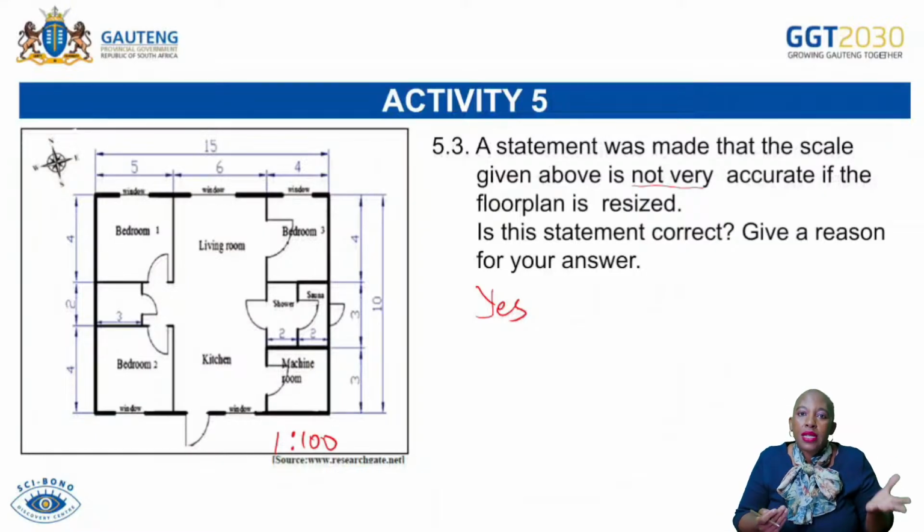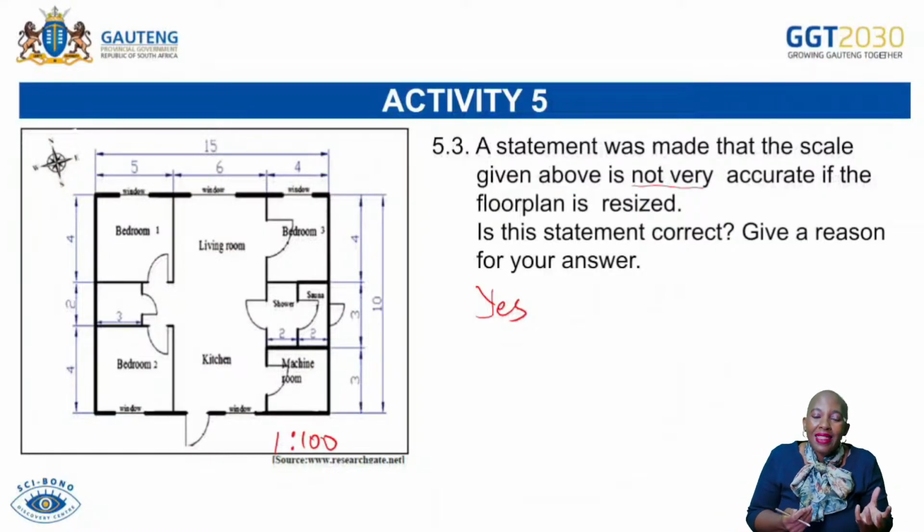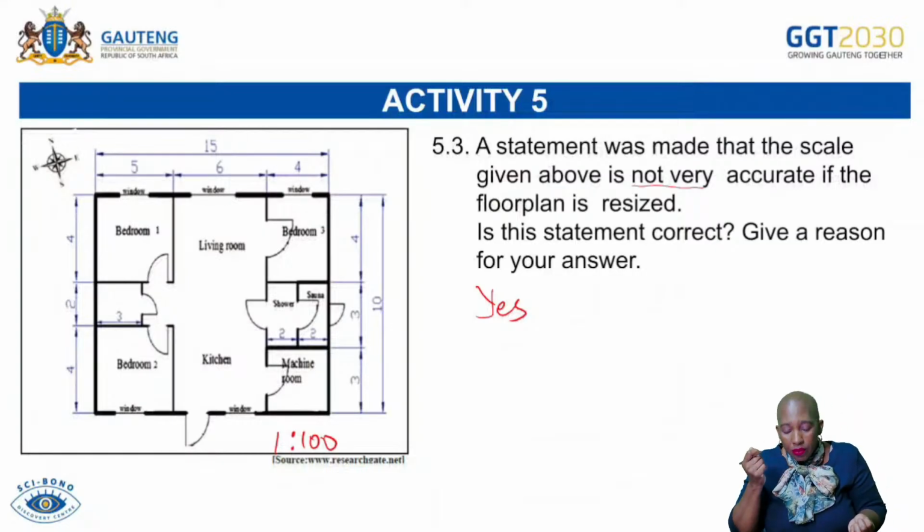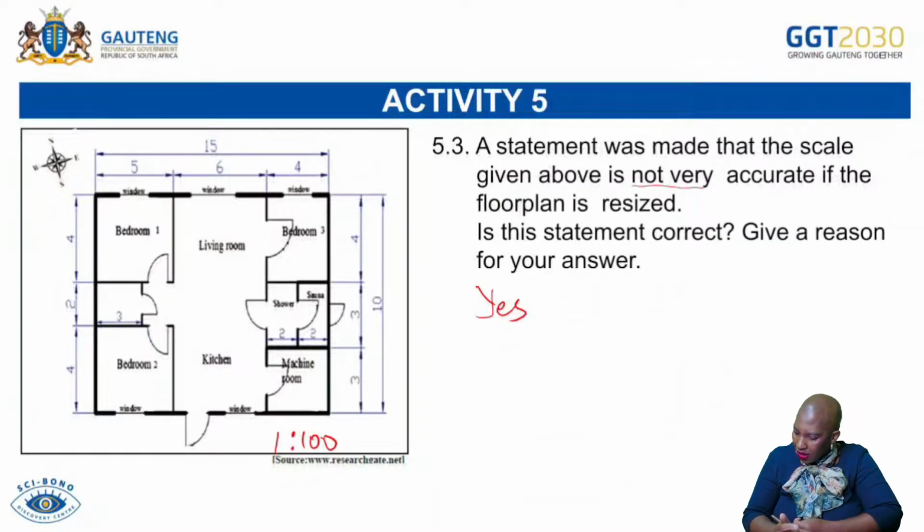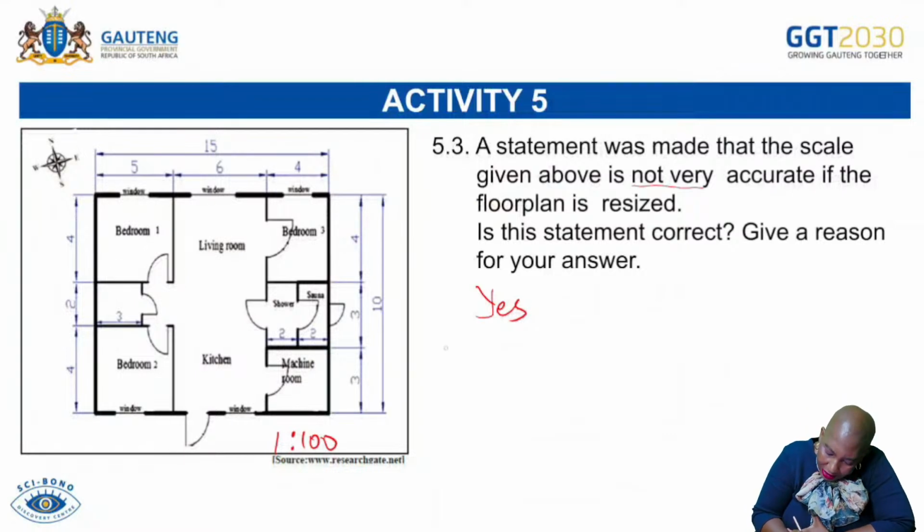Why? Because remember what we said, what are the disadvantages of a number scale? We said the disadvantage is when resizing. They say give a reason. So is the statement correct? Yes, it is not very accurate. Why? We must give a reason.